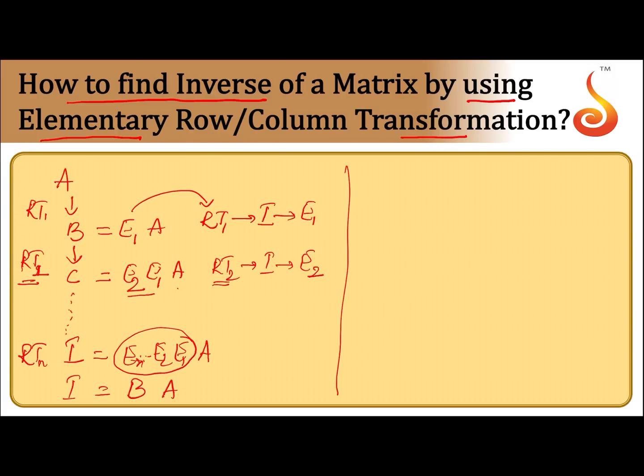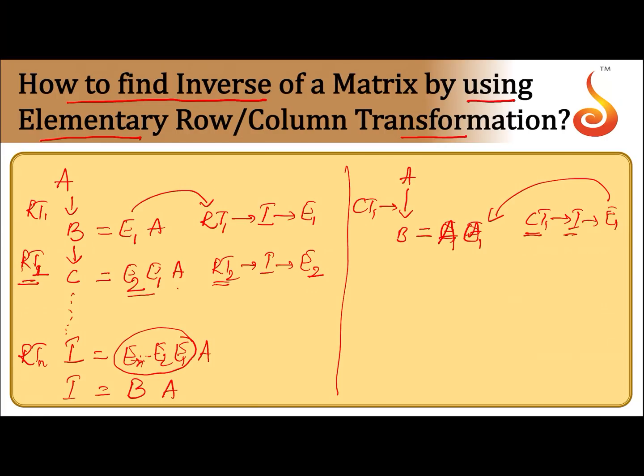In the same lines, when I take up column transformations, if we apply the column transformation 1 on A, you get B. That can also be obtained by post-multiplying A by the elementary matrix.